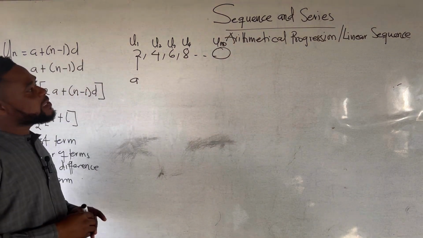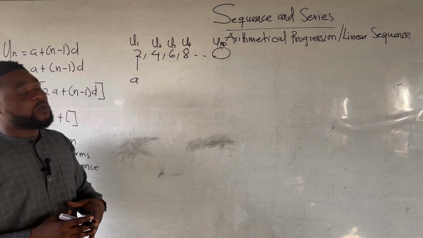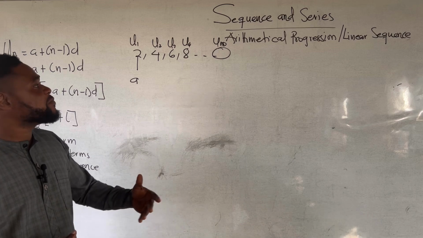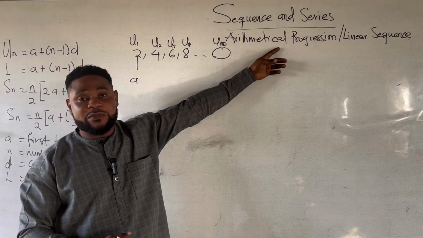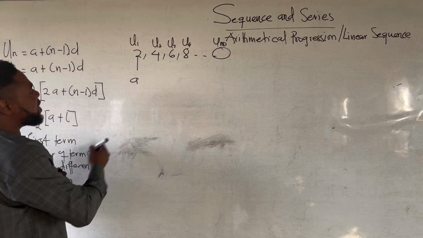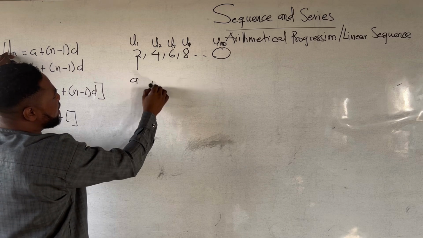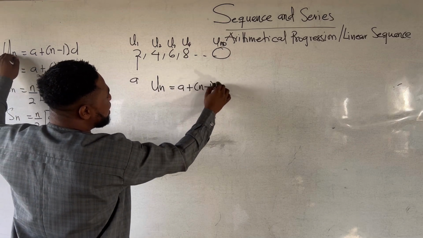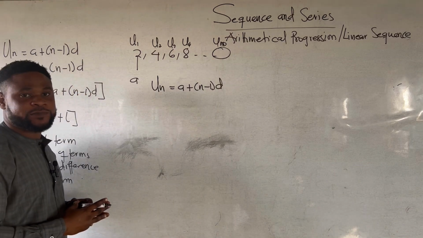Now, in sequence, anytime we are looking for a term in a sequence, and to be precise in arithmetical progression, we use the general formula, which is Un equal to a plus (n minus 1) multiplying d.